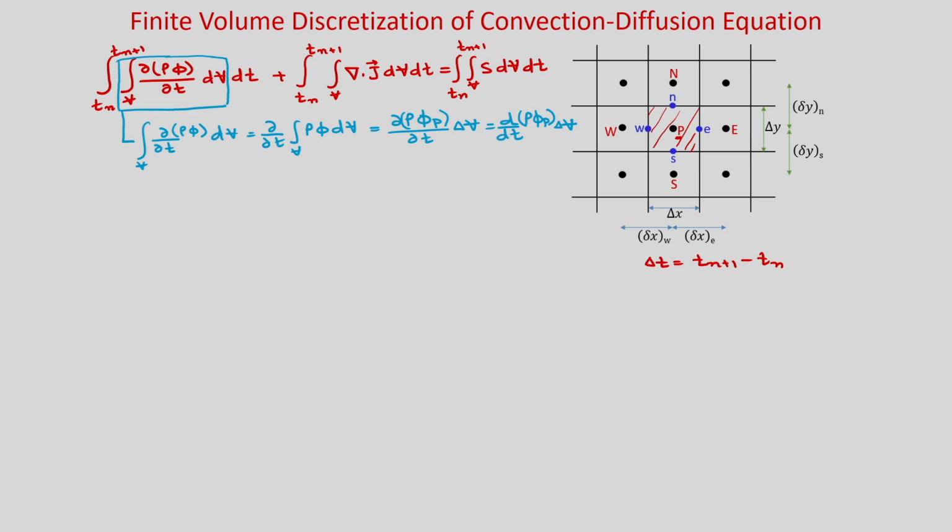Okay. So, now we need to integrate over the time. If you write it, you will get T n to T n plus 1, and you will get d of rho phi p, and that delta V is not changing with time.